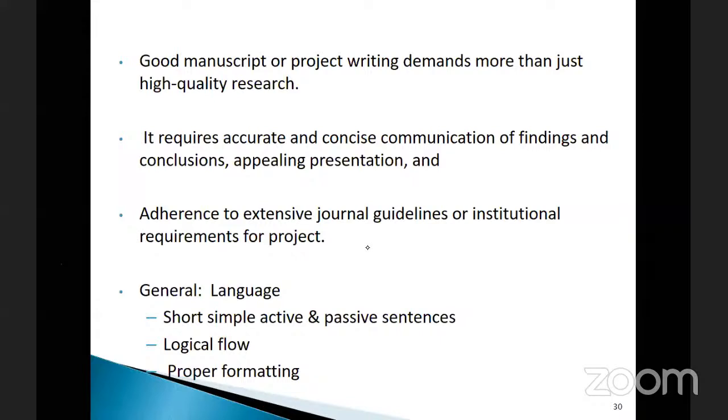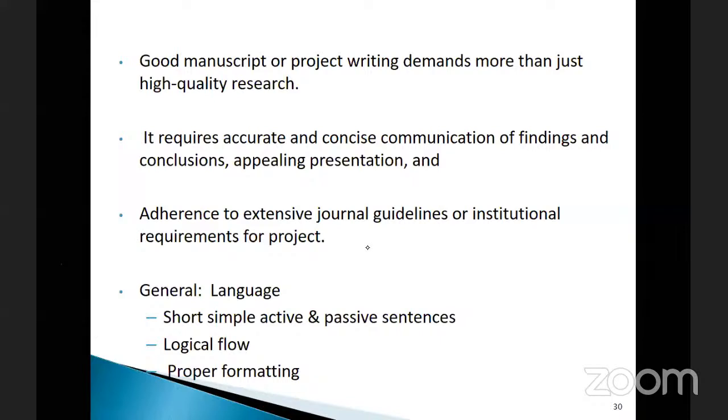Now, the next thing is you have to look at your language, because we believe we'll be writing manuscripts in English. So we should be conversant with the language. I know many of us have some hiccups when it comes to writing good English. Some people are better in terms of proficiency.